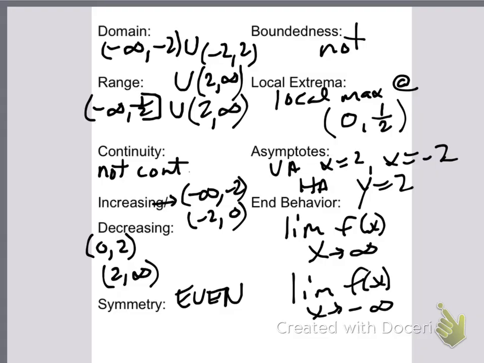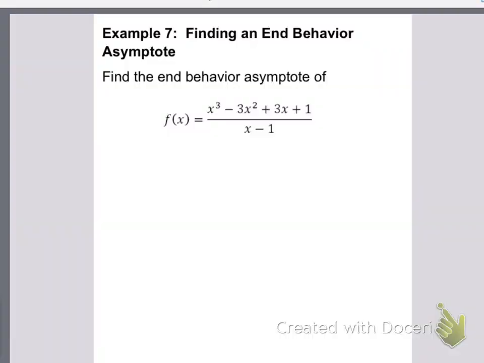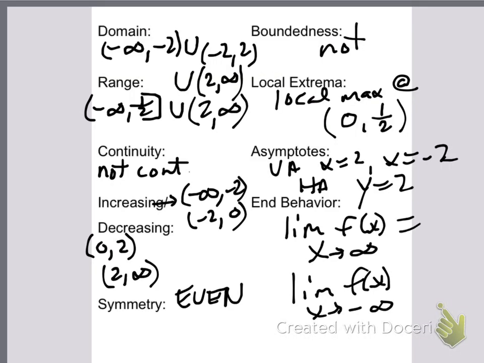So, as x approaches negative infinity, what's happening to our graph? It's going down, down, down, and it's approaching the horizontal asymptote, which is 2. And the same thing happens on the other side.